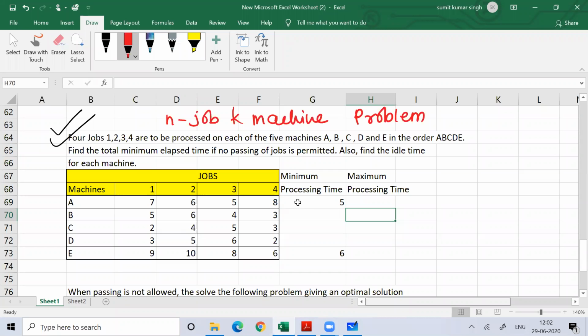Then find the maximum processing time of the remaining machines. If you see, the maximum processing time of the second machine is 6 hours. For the third machine, the maximum processing time is 5 hours. And for the fourth machine, the maximum processing time is 6 hours.